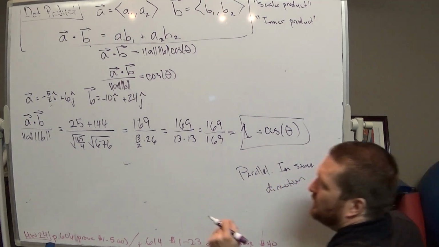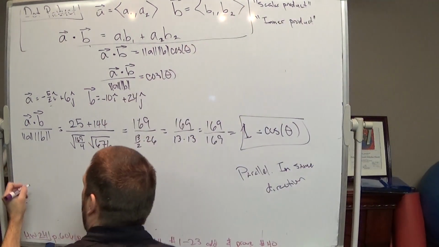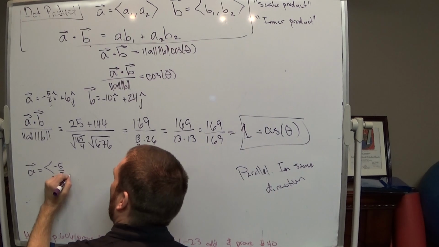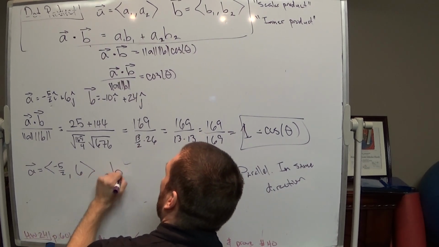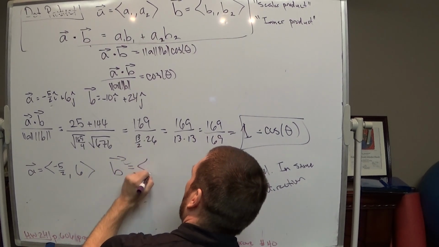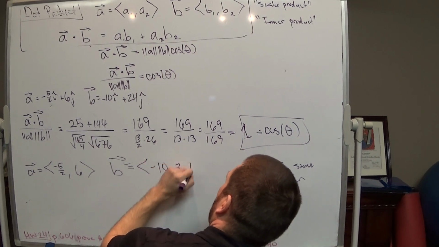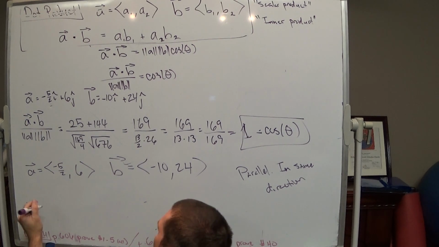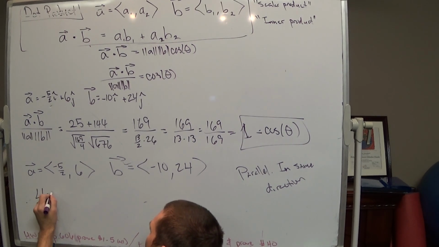Now watch this. You're going to hate this. A is equal to minus 5 halves comma 6. B is equal to negative 10 comma 24. Watch what happens when I multiply this guy by 4.